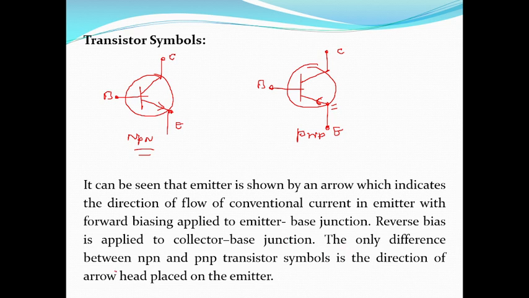The only difference between the NPN and PNP transistor symbols is the direction of the arrowhead placed on the emitter. So that is the difference between the NPN and PNP transistor in their transistor symbols, as you can see here.